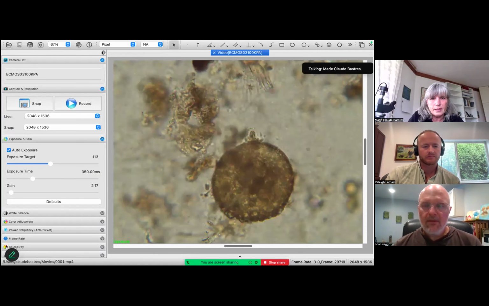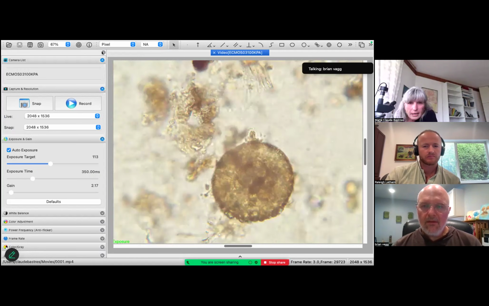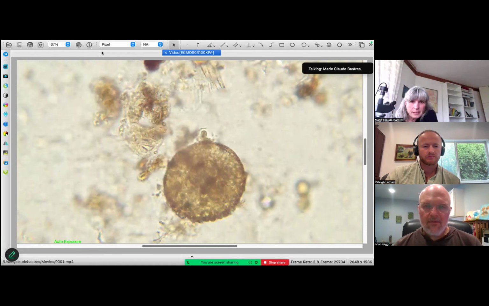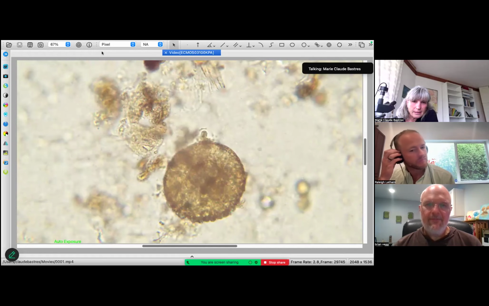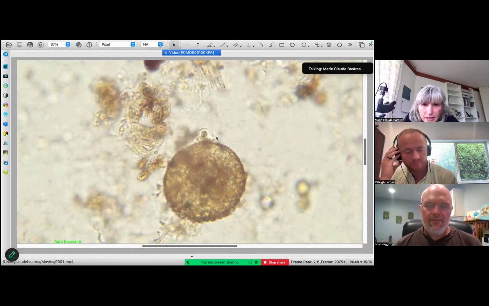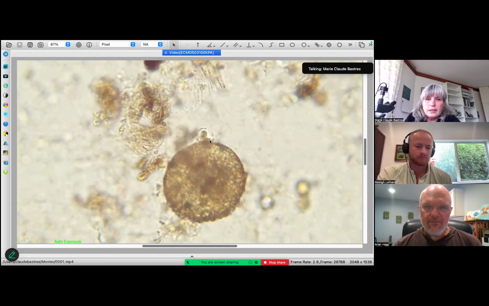I have tested some of these here, but this one is an archilla, and I can tell because we can see the mouth, which is right there. It's a beautiful one.